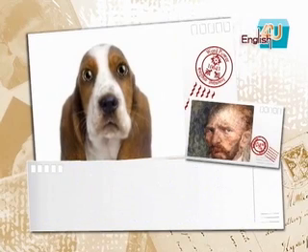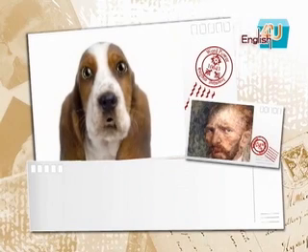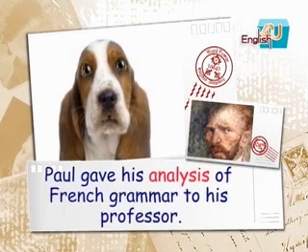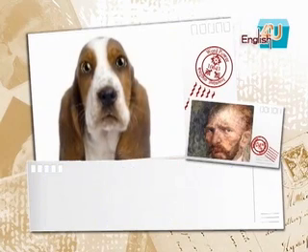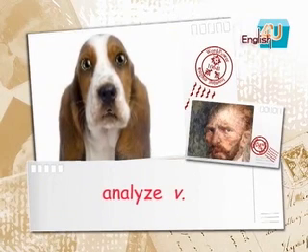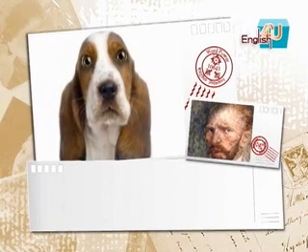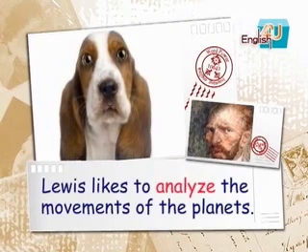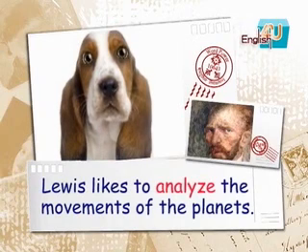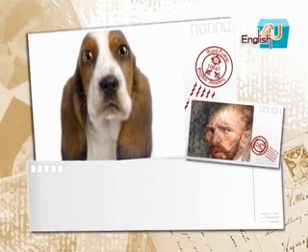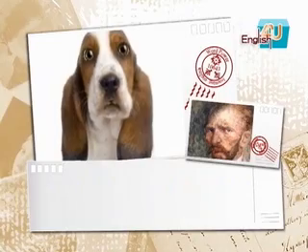An analysis can also mean a presentation, written or spoken, about the results of your research. For instance, Paul gave his analysis of French grammar to his professor. The verb form of analysis is analyze. This means to examine or study something very carefully. For example, Lewis likes to analyze the movements of the planets. That's all the time we have for Word Power. Thanks for listening.